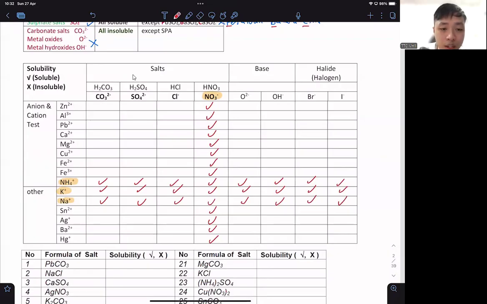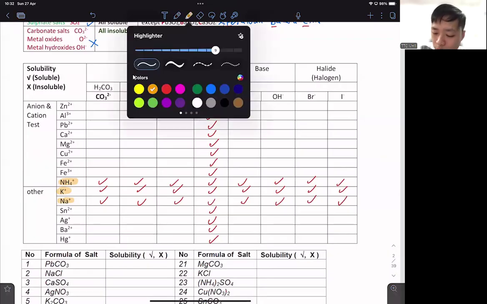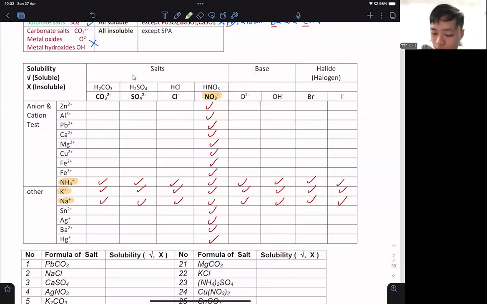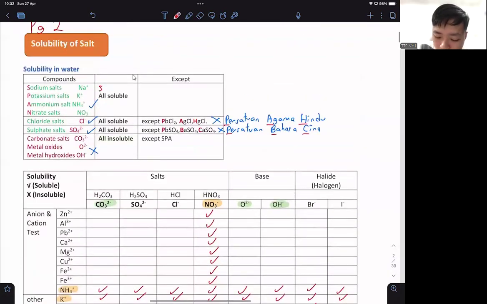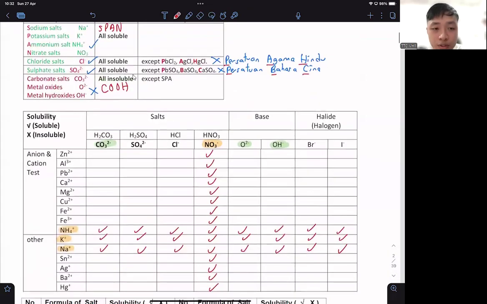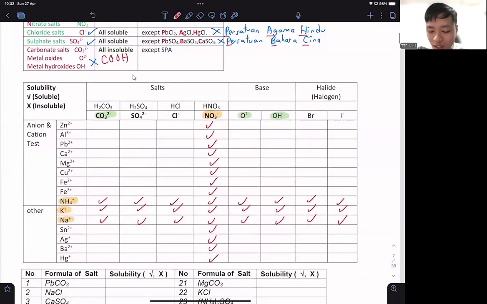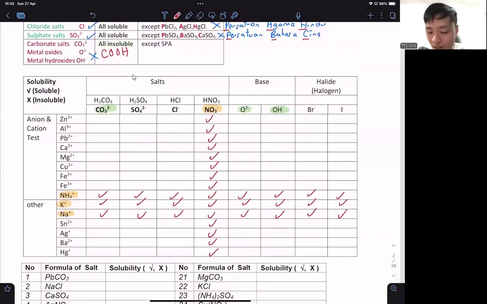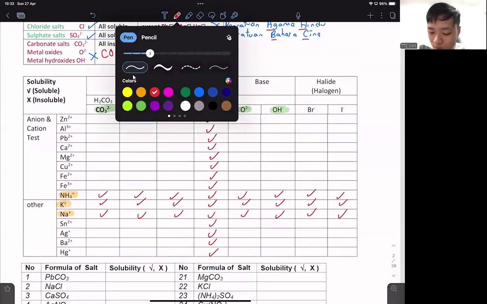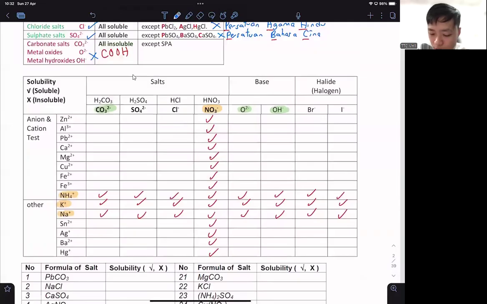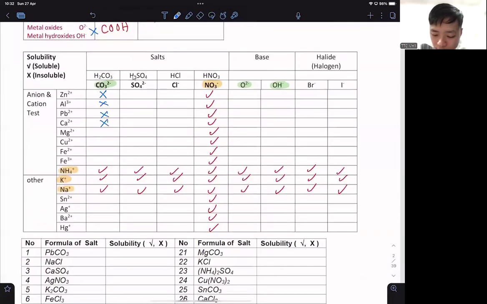After that you have the carbonate, oxide, hydroxide ones. Remember there are the sodium, potassium and ammonium salts, all soluble. The carbonate salts, oxides, hydroxides are all insoluble, so you put a cross.